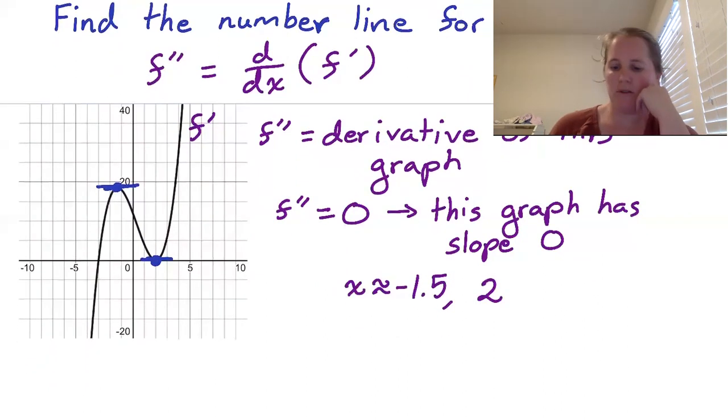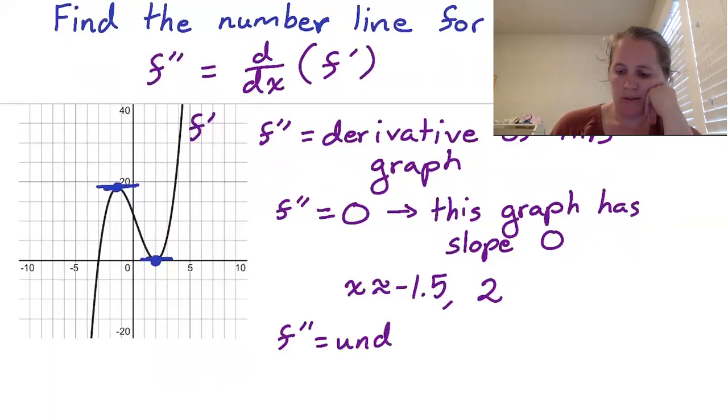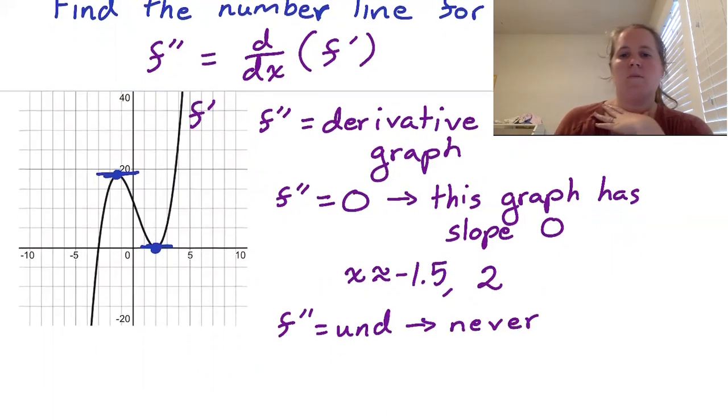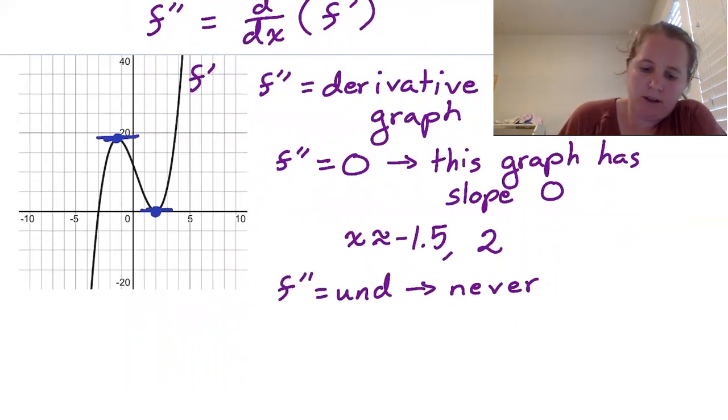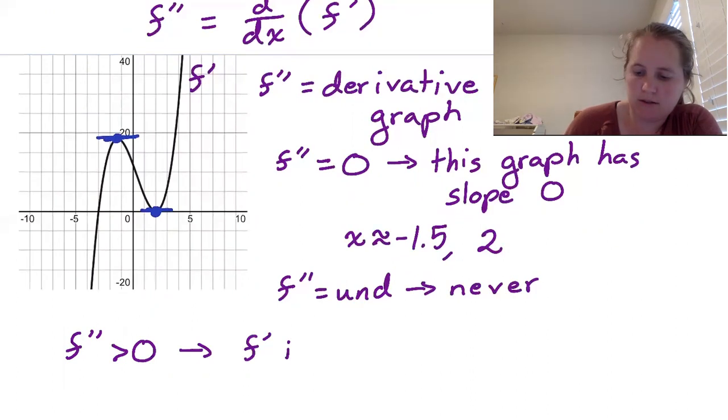So these are our points of interest. If we want to look where it's undefined, it's never in this case. So our only places of interest are at negative 1.5 and 2. Then when the second derivative is positive, that means the f prime is increasing.